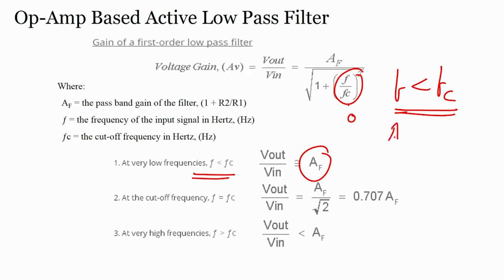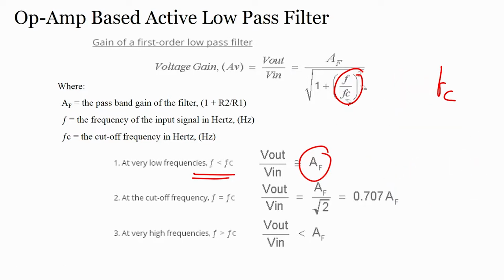So, AF divided by square root of 1 plus 0, AF divided by square root of 1, right. So, that is how we get this particular equation.